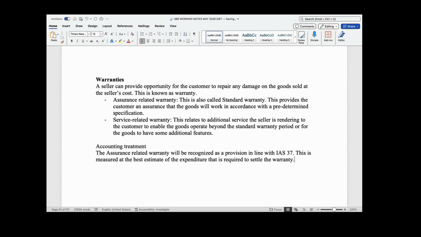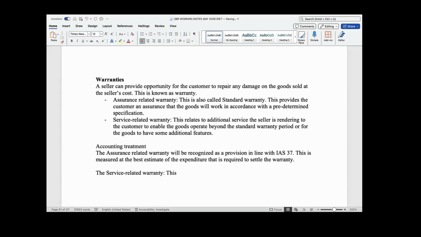I mean, you will have estimated how much you will spend to clear off the warranty in case of damage. Even if there is no damage yet, you still need to estimate the expenditure required to settle, in case somebody comes. But you see the service-related warranty.